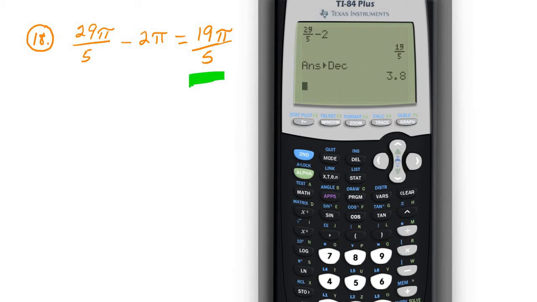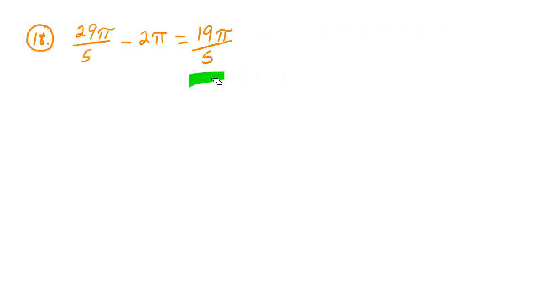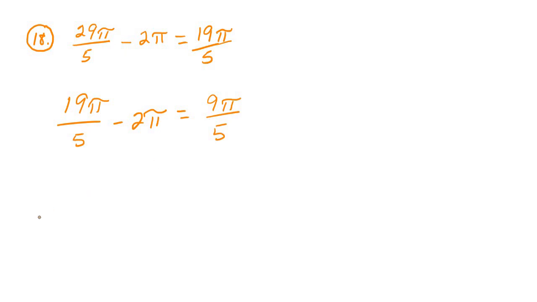I see I have 3.8. Well, that's definitely more than 2. So I can subtract off another 2 pi. And I have 9 pi over 5. Now I know that 9/5 is less than 2, so I know that 9/5 times pi is less than 2 pi, so that's less than one full rotation. So that's the answer that I'm looking for.